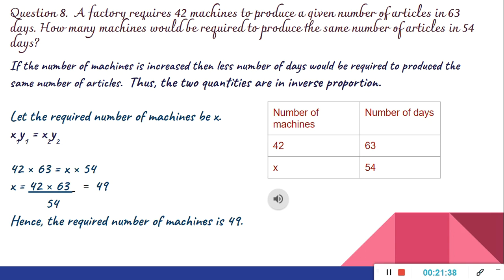Now 54 and 63 we can cut by 9: 9 6s are 54, 9 7s are 63. Now from 6 we can cancel 42, 7 times. Now what is remaining? 7 and 7, right? So 7 into 7 is equal to 49. So the required number of machines is 49.